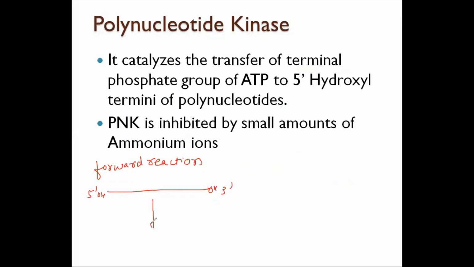Now the PNK, polynucleotide kinase, transfers the gamma phosphate from the ATP to the 5' end of the DNA or RNA. So as you can see here, it has taken it and transferred it to the 5' phosphate.